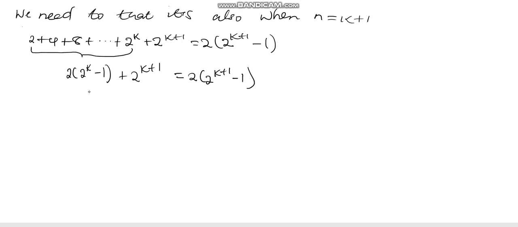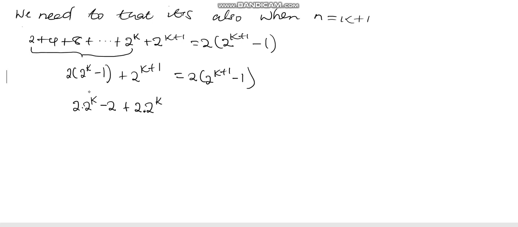So now here, if you multiply this term by the 2 that we have here, we're going to have 2 multiplied by 2 to the power k minus 2, plus this term here, which is just 2 multiplied by 2 to the power k.